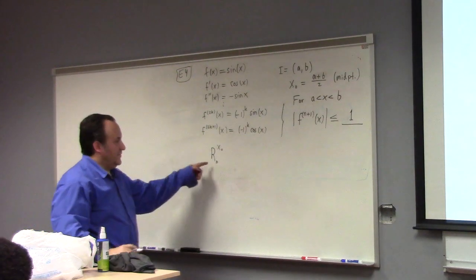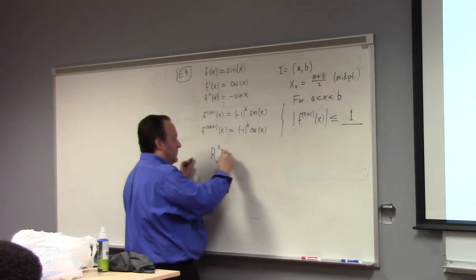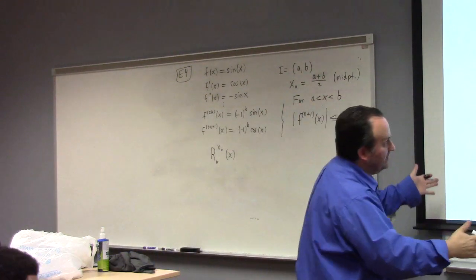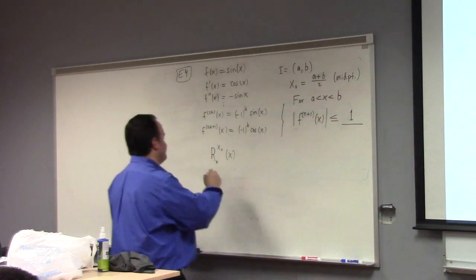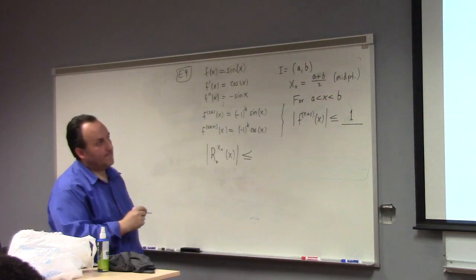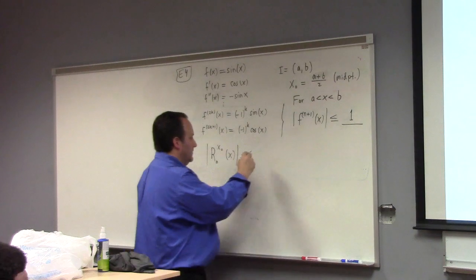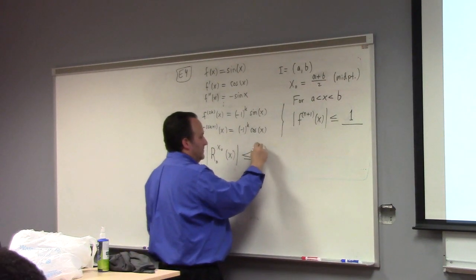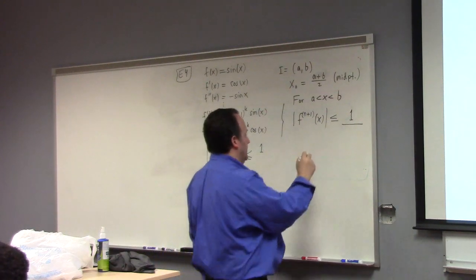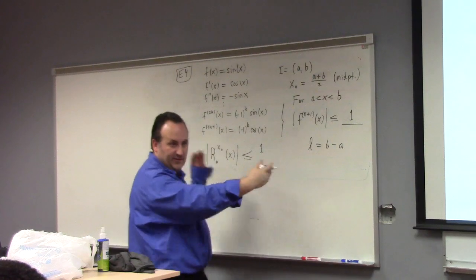So the nth remainder term centered at x naught, the remainder theorem here says that its absolute value is less than what? M, what is M here? 1. And then L, what's L? L here is equal to b minus a, the length of the interval.